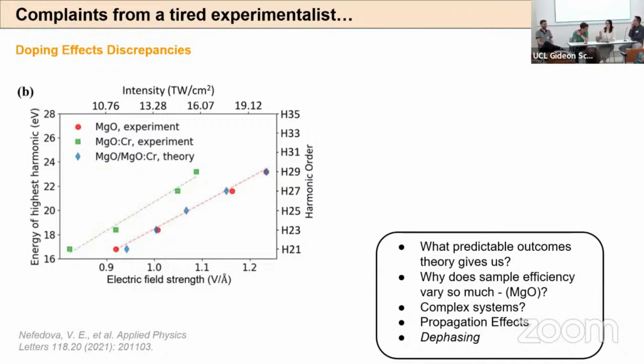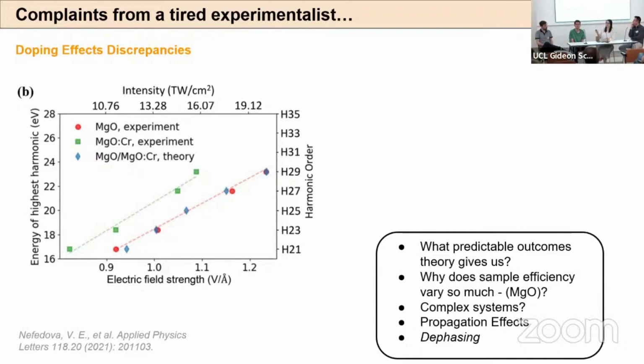But as you see, even for small complex systems like here, just some doping from chromium in MgO, the group did cutoff predictions for MgO and doped MgO, and even with an insignificant amount of doping, they saw this shift to higher cutoffs, equal to about 1.8 eV, that agreed with the shift of the band gap that they measured experimentally. However, in the theory itself, it was very hard to actually reproduce it.